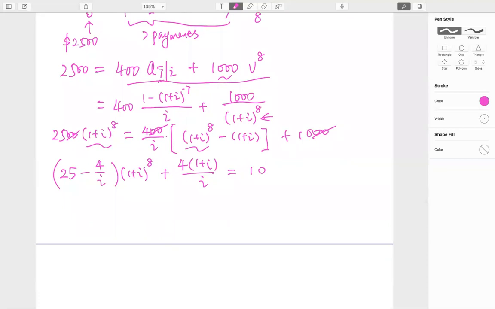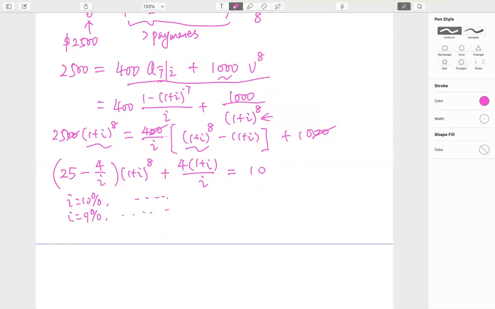So the usual way is you try values. If you try 10%, you will get a value which I believe is bigger, so you need to try a smaller one.